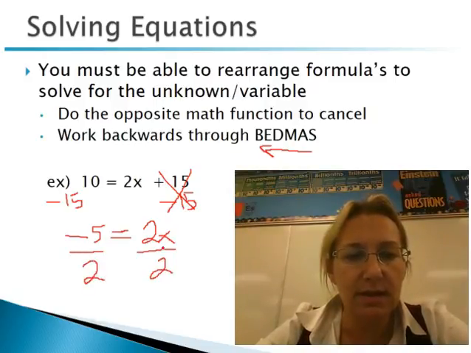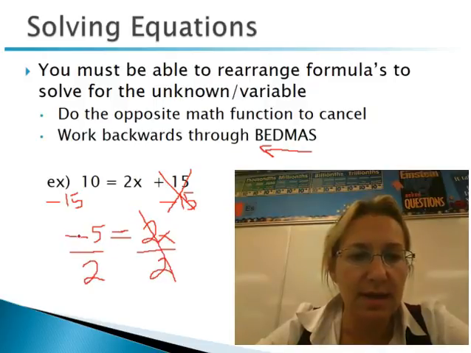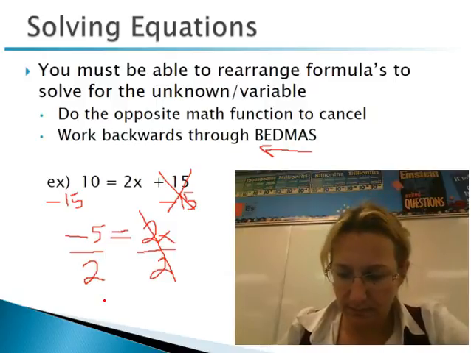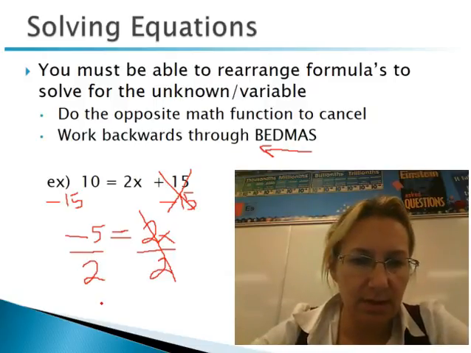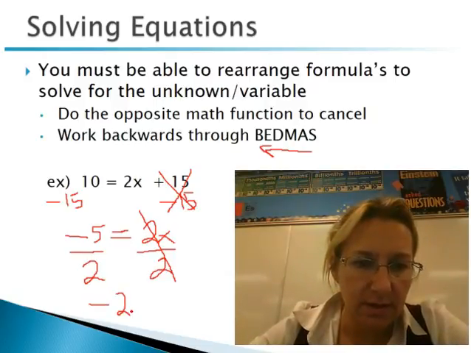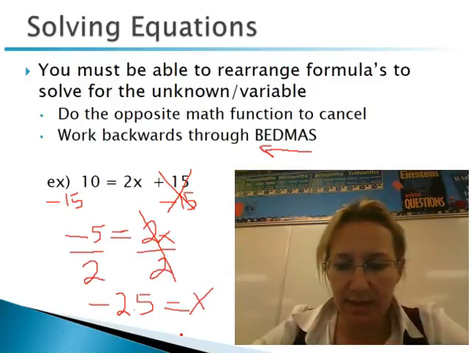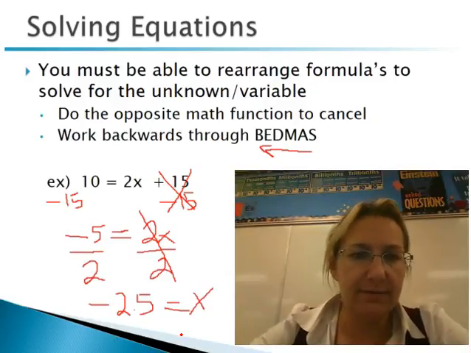So again, the 2's cancel, and negative 5 divided by 2 is negative 2.5. So x in this example would be negative 2.5.